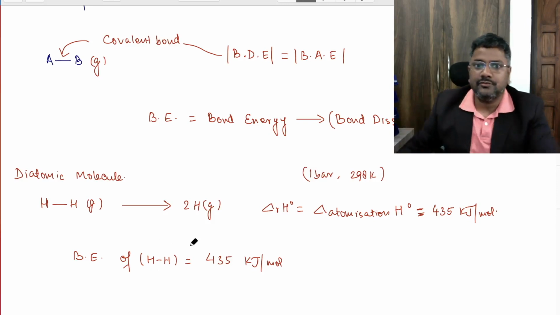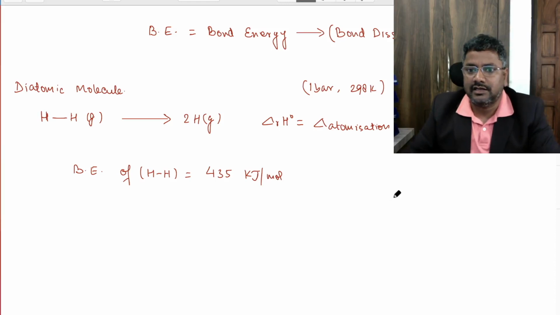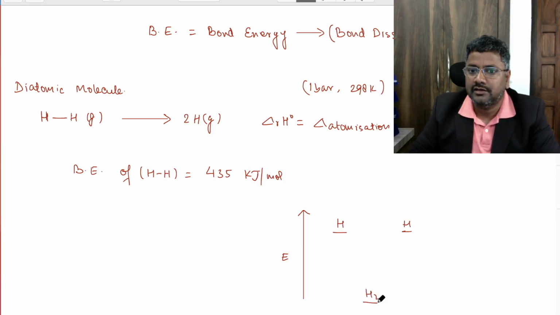Clear? If you want to show this on the energy diagram, or energy coordinate, you can show it like this. H and H gas are here, and H2 gas under the similar condition is somewhere here. This is the difference of energy between these two.